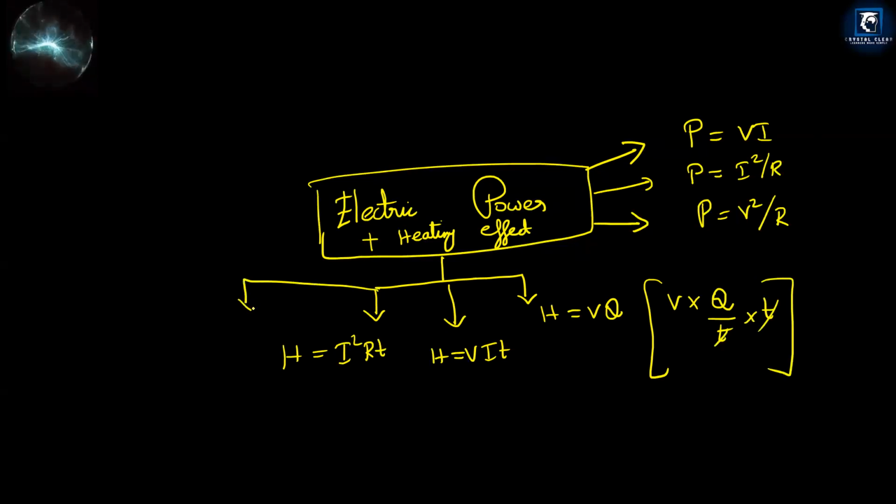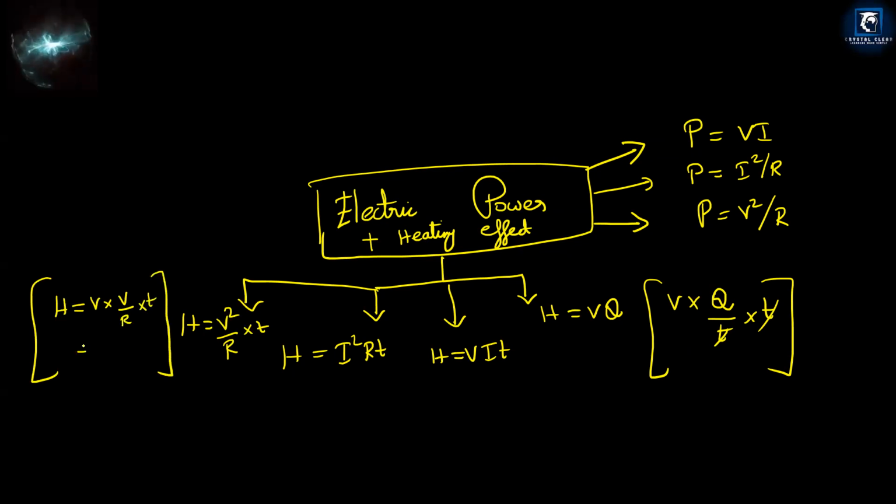Another formula, H is equal to V square by R into T. Here, instead of I, I'm writing Ohm's law, V by R, into T. This V into V will become V squared by R into T. Got it?